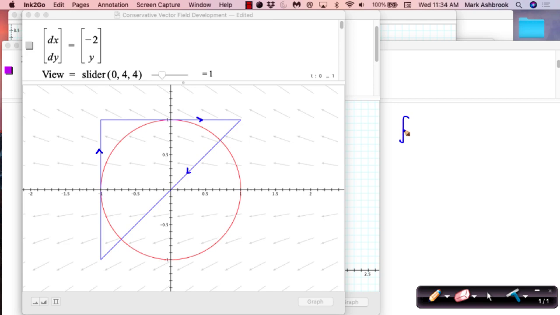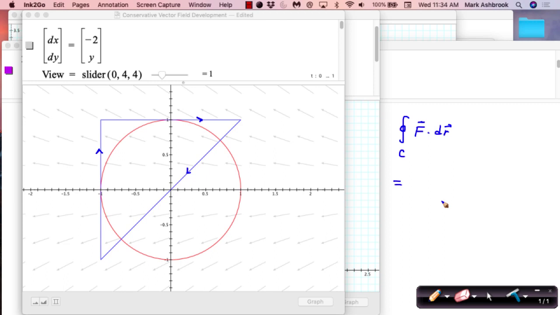When you have a circulation line integral, you can put a little circle in the middle of your integral, and that means that you're integrating around a closed loop, like the triangle. So what would it take to do that?